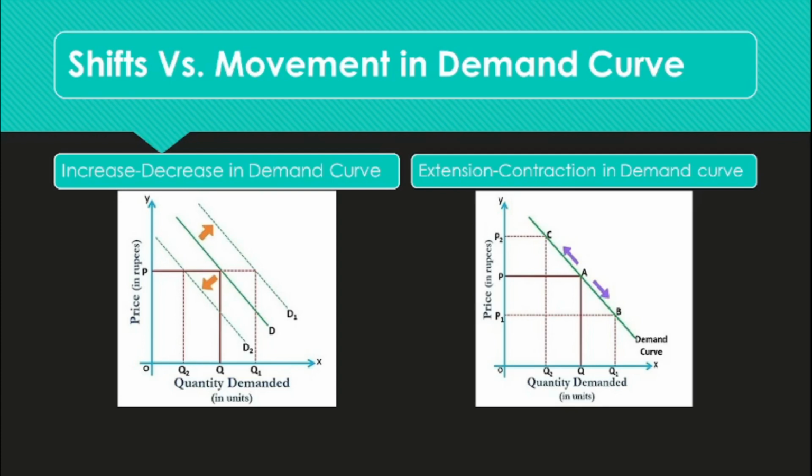The increase in the demand may be happening because of an increase in the consumers' income. So this is what a manager must know. If he knows why it is happening, then he may utilize this as an opportunity.